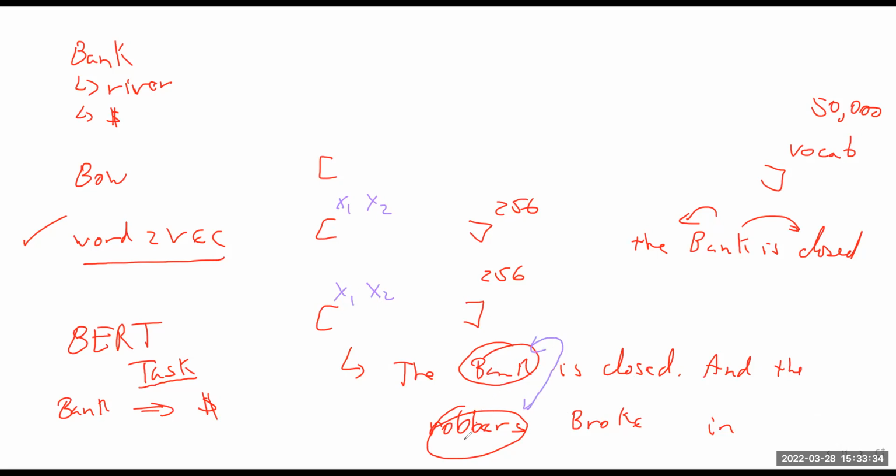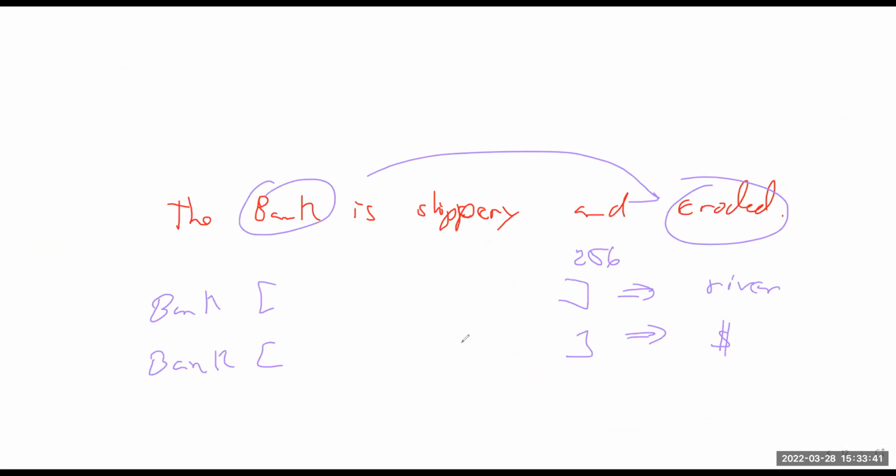It learned that when it sees robbers and banks, they're talking about bank stuff. When it sees bank and slippery and eroded, this has a meaning of river. So every encoding of the word bank through the transformer is a little bit different given the context that it's seeing.